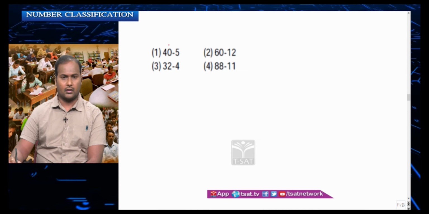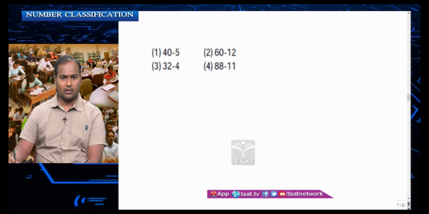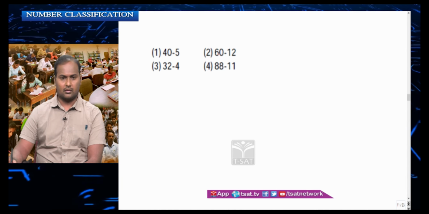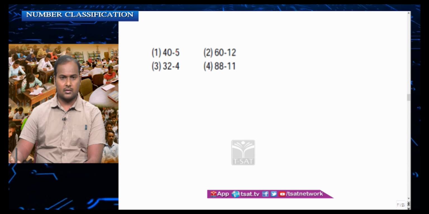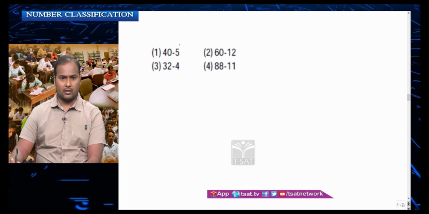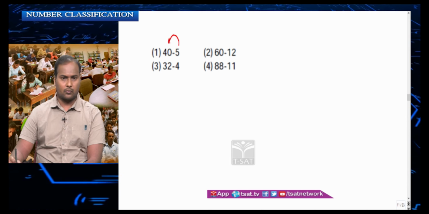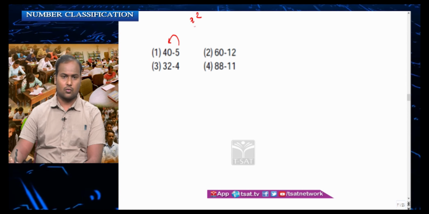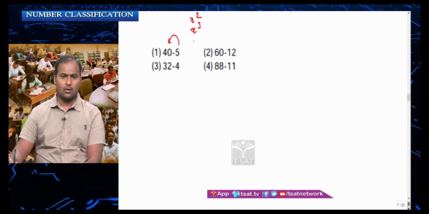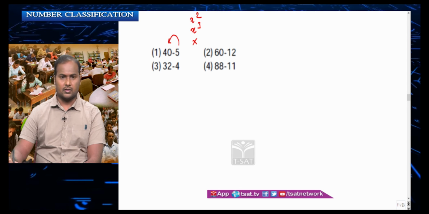See the next question. In this case: 540, 1260, 432, 1188. The moment I see this, 5 is a small number and 40 is a big number. If I want to move from a small number to a big number, the possible ways are either square, cube, or multiplication. So these three you have to remember.